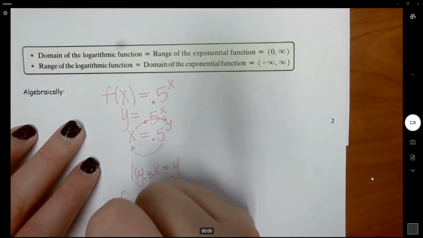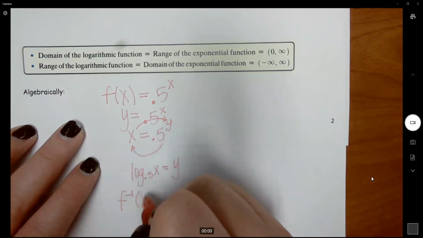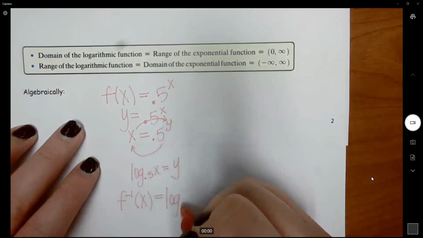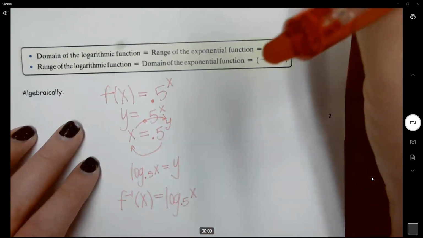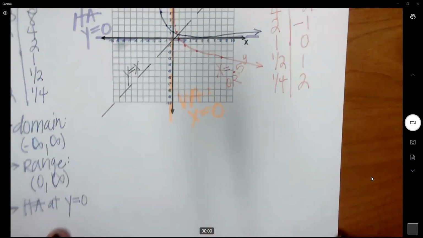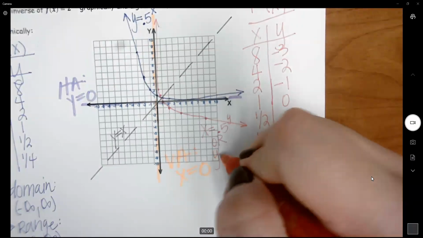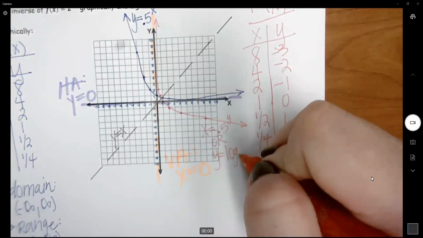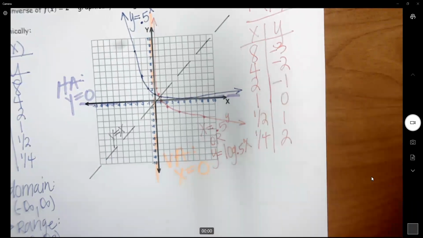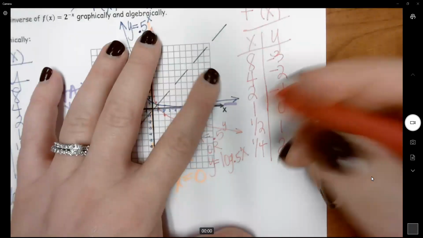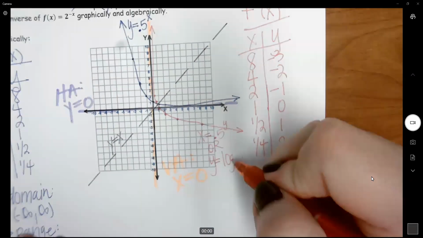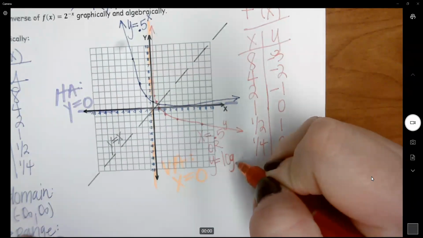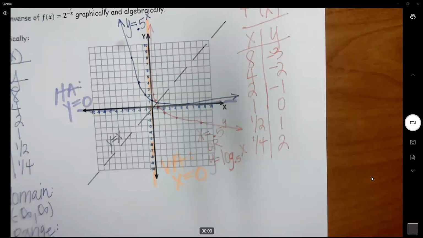So my last step would be changing this to function notation. So this is the same as y equals log base 0.5 of x. Let me make that 0.5 a little bit smaller because that should be down there. Okay.